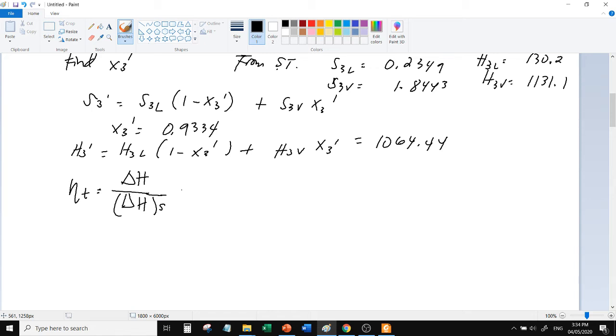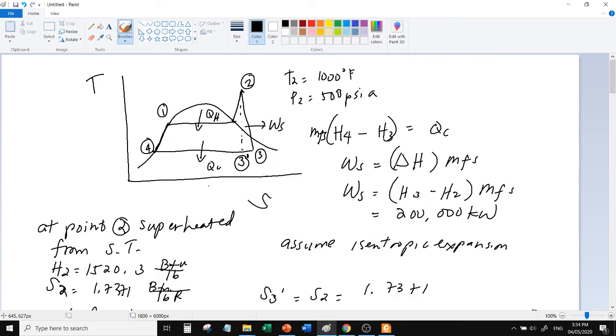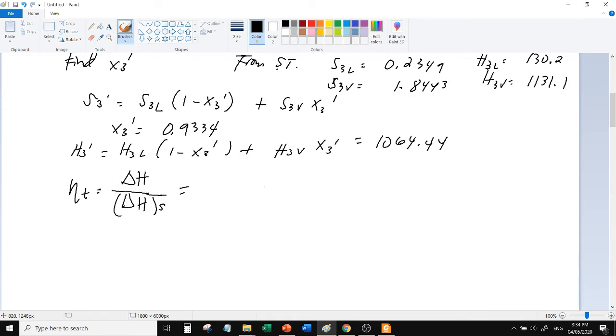Mas malaki yung isentropic change in enthalpy. Okay, so sulat natin. Yung actual dito ay H3 minus H2. Diba? Tapos yung isentropic H3 prime minus H2.